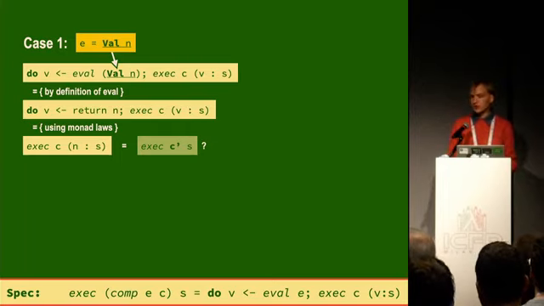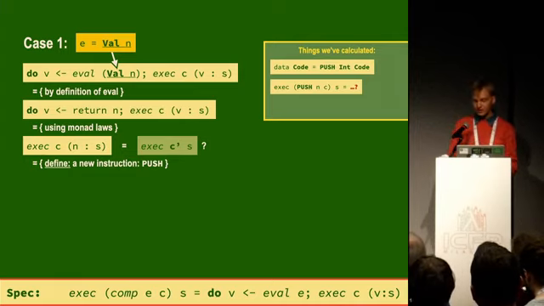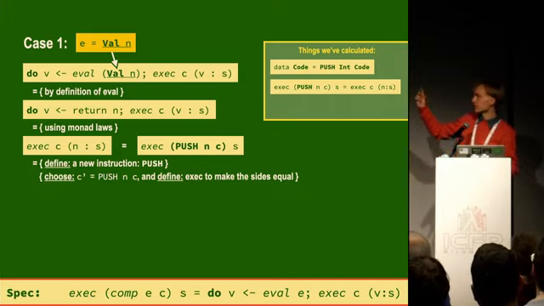We can also introduce new instructions because the code type is undefined as of yet. So what I'm going to do is define a new instruction, which I'm going to suggestively call push. And I'm going to put all of my free variables in here, so n and c. And then I'm going to define the exec clause for this specifically so that these two things are equal.